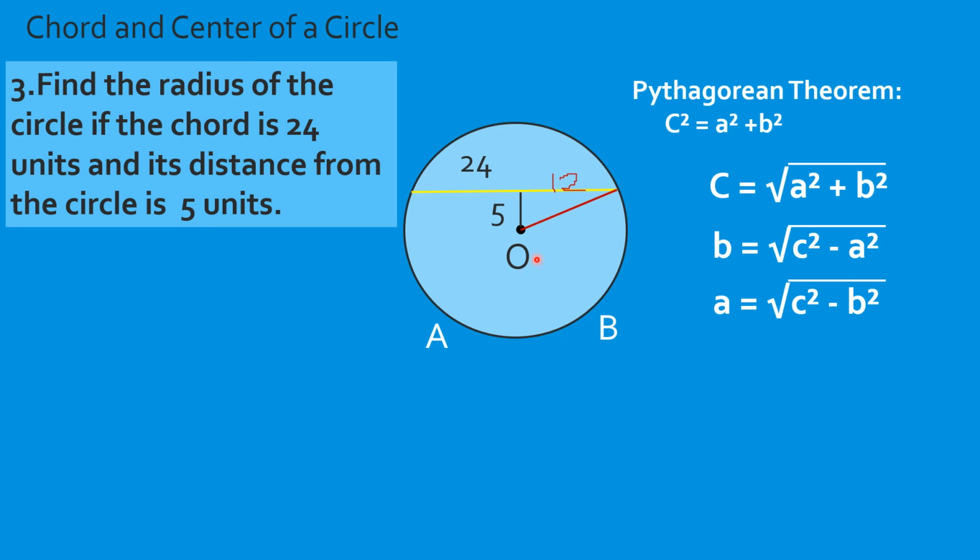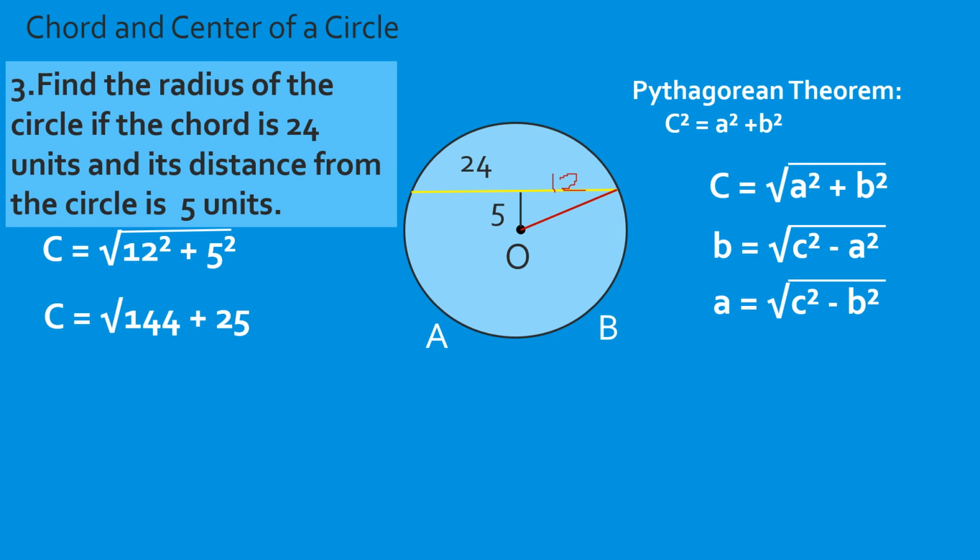So now we have, again, a right triangle, wherein the missing side here of the right triangle is the hypotenuse. So we can use c is equal to the square root of a squared plus b squared. So let's do that one. c is equal to the square root of 12 squared plus 5 squared. And 12 squared is 144 and 5 squared is 25.